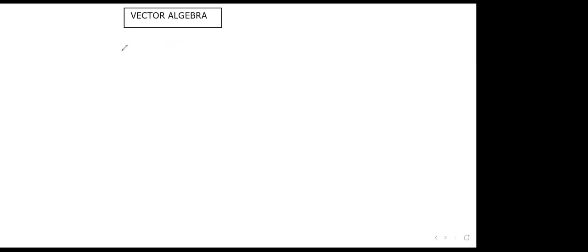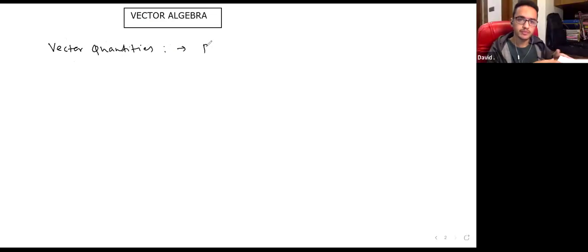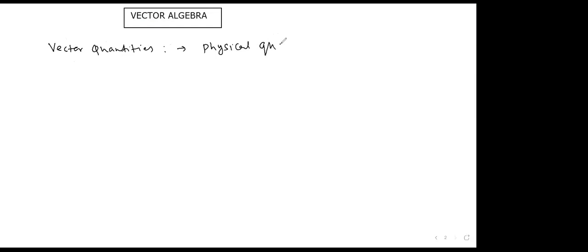So in vector algebra, first we try to understand what are vector quantities and scalar quantities. Vector quantities, you must be knowing, are those physical quantities having both magnitude as well as direction.